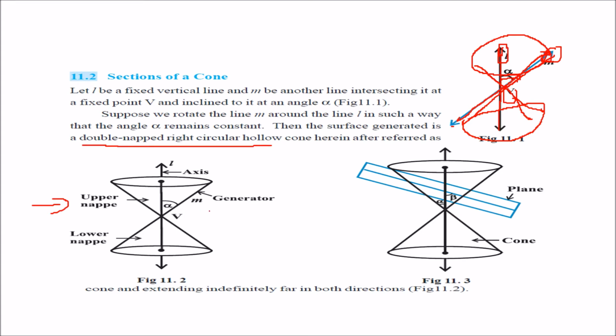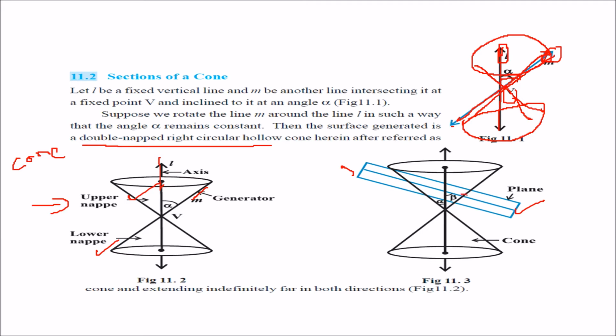Herein we are going to refer to this as a cone, just like the ones you wear on your birthdays. So this is the axis, this is the generator, this is the upper nappe, this is the lower nappe. And now imagine a plane cutting this cone.